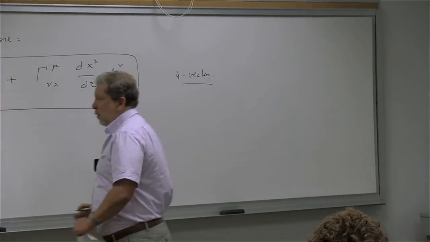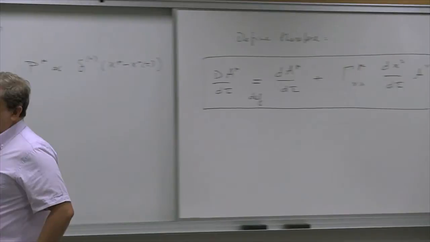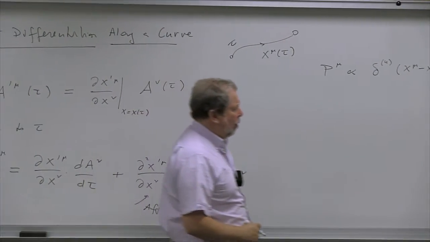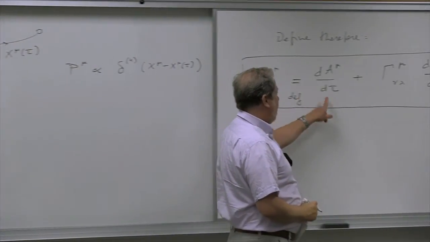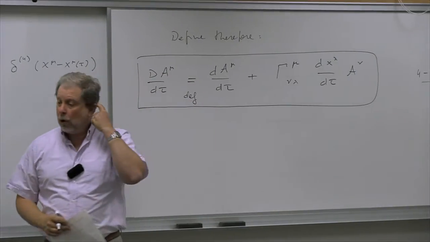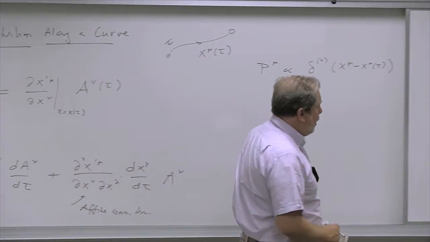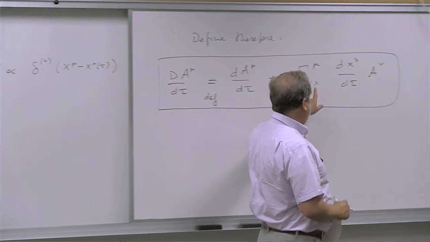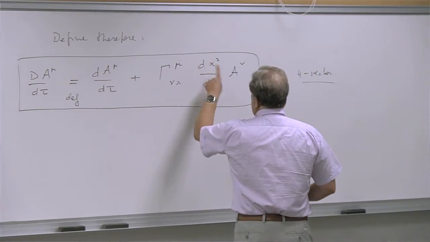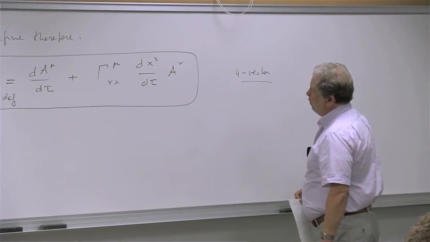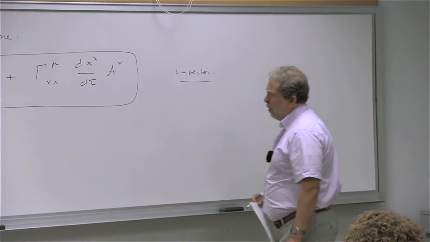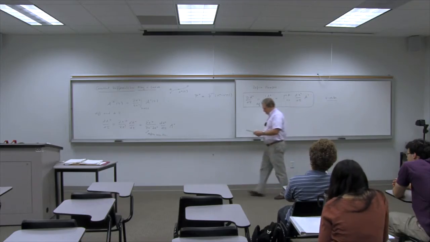It's a 4-vector. So if we define the derivative of a 4-vector as just the ordinary derivative along a path with respect to parameter tau, then that fails again to be a covariant object, right? But if we add an affine connection term with the right indices, then that is a genuine 4-vector, right?